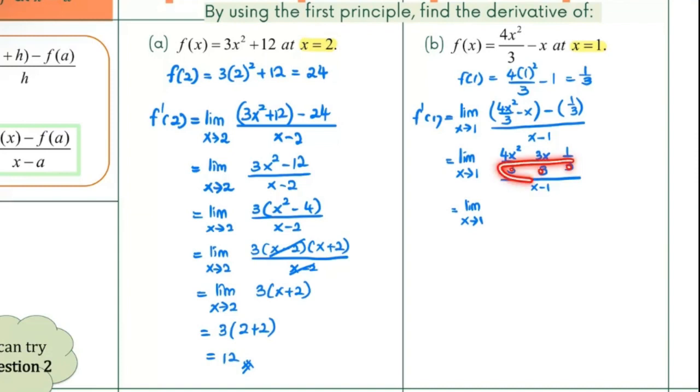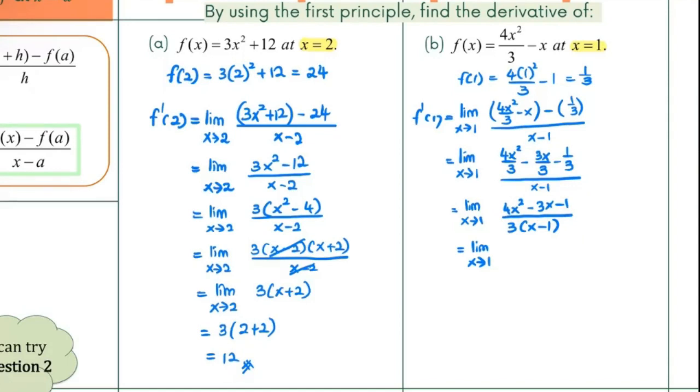So 3 ini saya boleh bawa dia turun ke bawah. Okay, so now I have 4x squared minus 3x minus 1 over 3 multiplied by x minus 1. Okay, ini saya baru jadikan dia into one fraction. Okay, now tekan calculator, factorizekan ini.